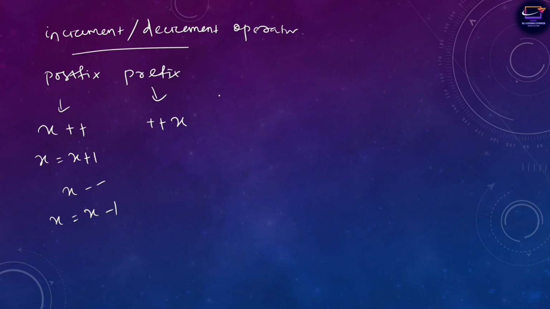So coming to prefix notation. In this notation, what will happen? First, the value is going to be incremented, and then we use the incremented or updated value, right? Suppose int x equals to 10, and y, and we will write y equals to plus plus x.